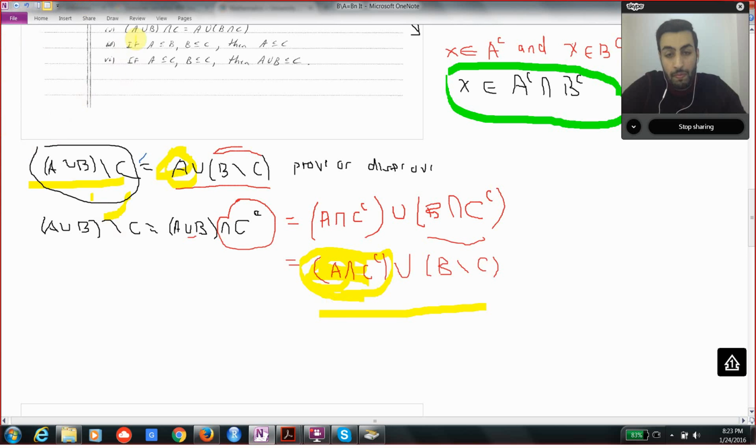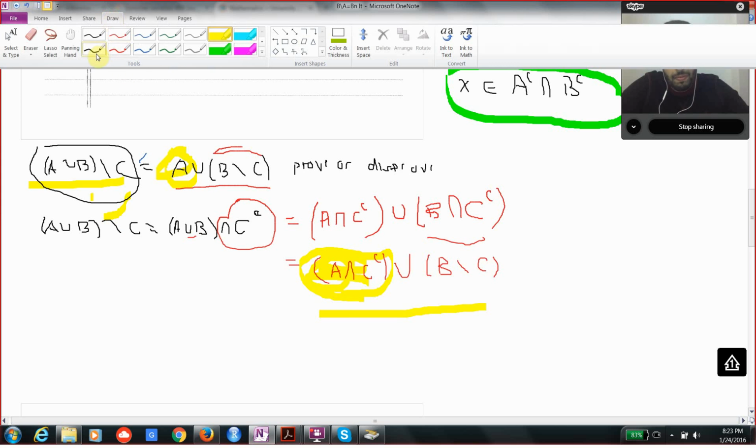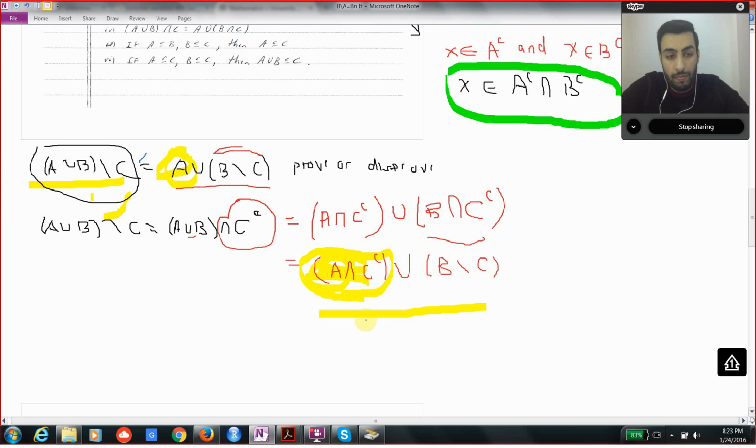All I need to do is make sets A, B, and C such that A is not equal to A intersection C complement.